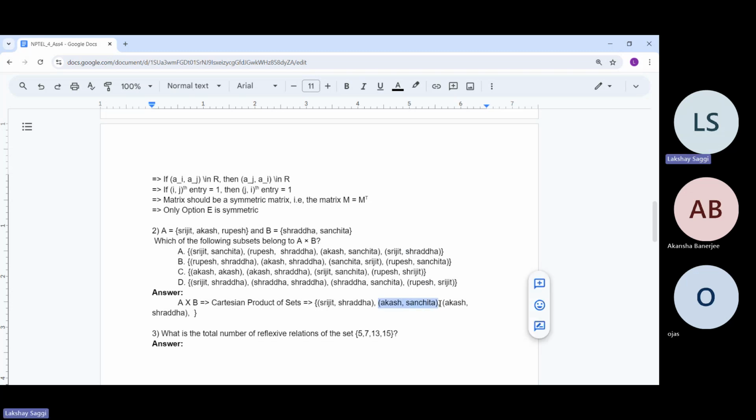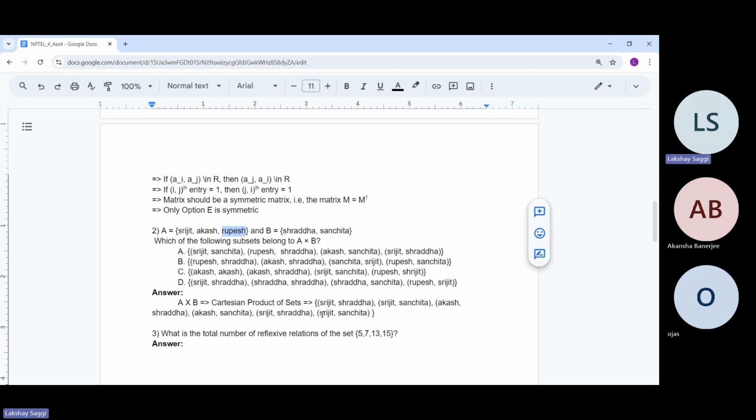I think I made a mistake here. So first we see Srijit, Shraddha, Srijit, Sanchita, then Akash, Shraddha, then Akash, Sanchita, and then we'll pair up Shraddha and Sanchita with Rupesh.